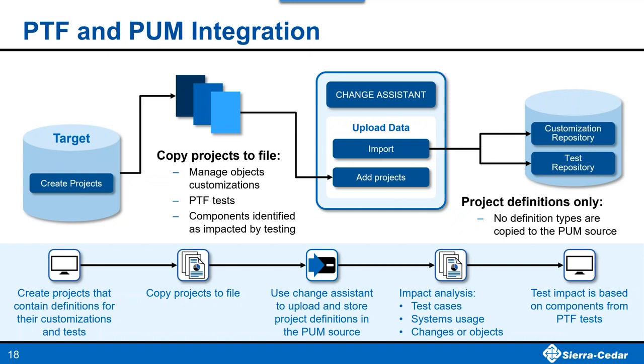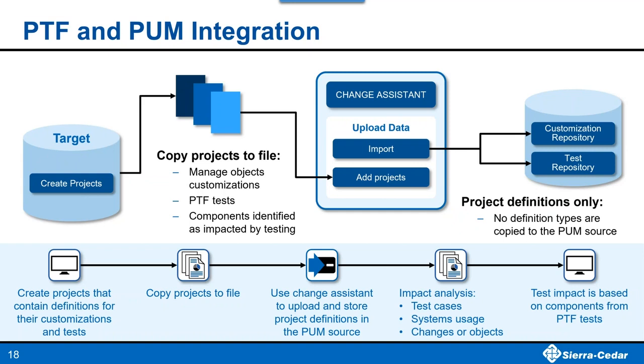And not to be too detailed, but what you do is you basically are running a compare report to the database, so it has data to work against before you ever do the actual PUM upgrade. You're just copying over the project definition, so you have all the objects that will be touched.